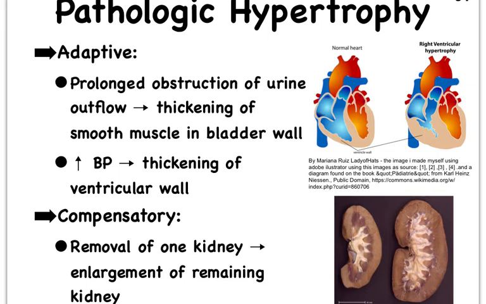Compensatory hypertrophy is quite common when a person, let's say I have a friend who donated one of her kidneys to a friend who needed a new kidney, and so more than likely what's happened is that her remaining kidney has increased significantly to compensate for the loss of the other kidney. So these are two examples of pathologic hypertrophy. And remember, in the previous slide, we looked at physiological hypertrophy.